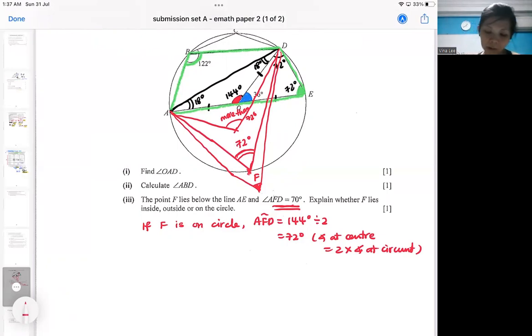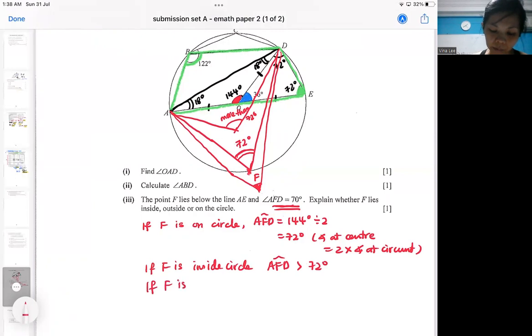After this, you can say something like, if F is inside the circle, you are expecting that the angle will be more than 72. You can logic out to explain.